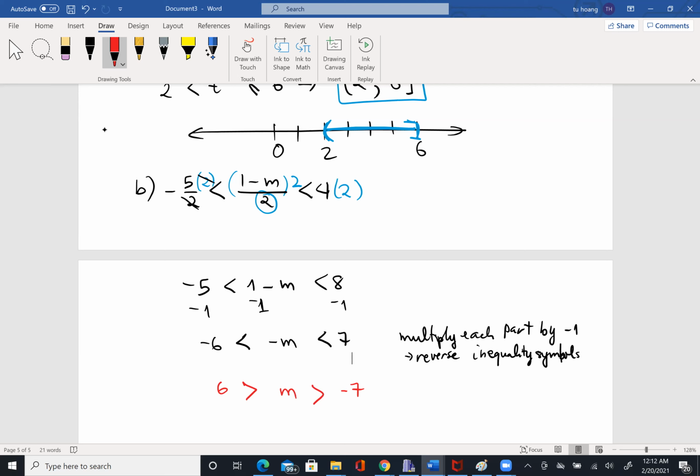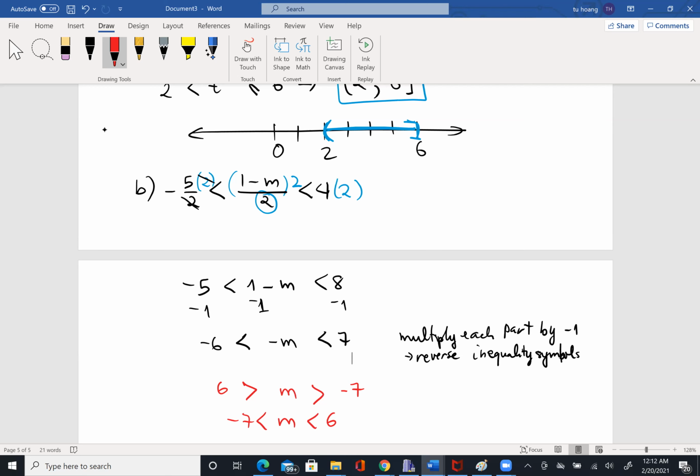If I want to make it nicer, I would write negative 7 is less than m, and less than 6, because usually I want to write the negative number on the left-hand side and the positive on the right-hand side.